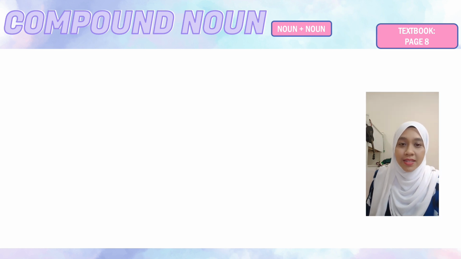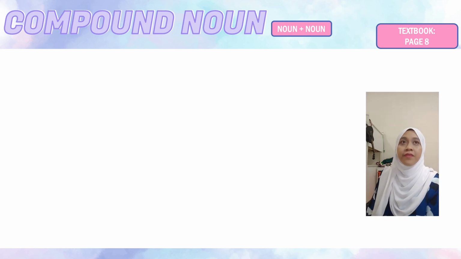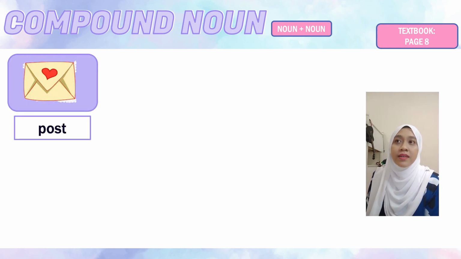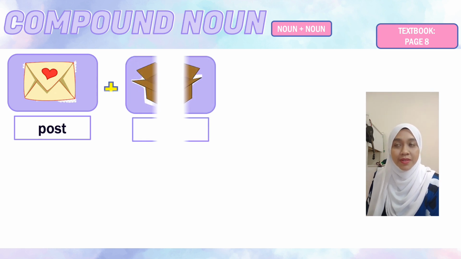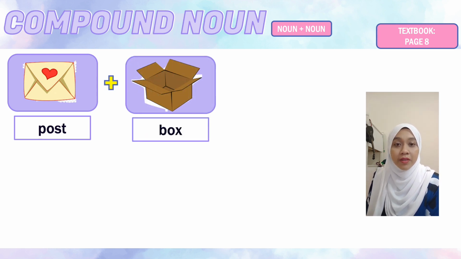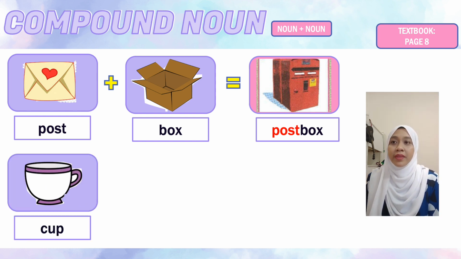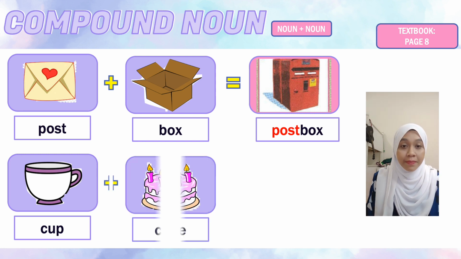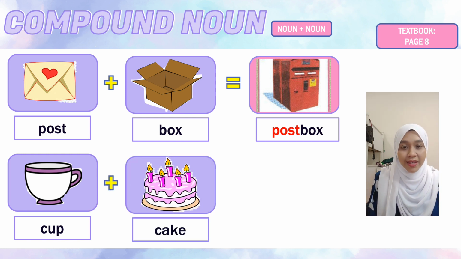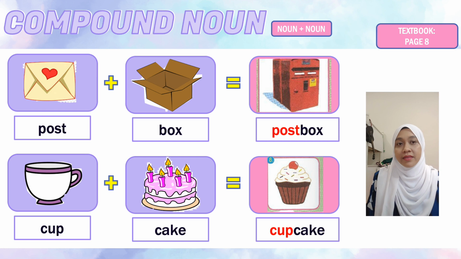Okay, so next example that we have is post. Post and box. So the compound noun is post box. Right? Okay, last one. We have cup, cawan. We have cake. It becomes cupcake.